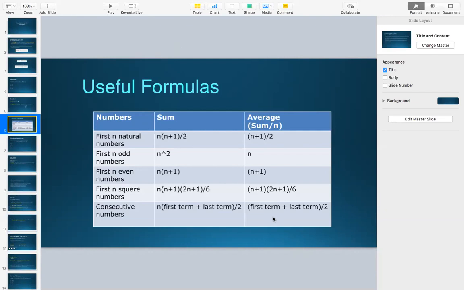So if you are supposed to find the average of some set of consecutive numbers, you can simply go for this formula, which says the average will be equal to first term plus last term whole divided by 2. You just need to remember this. That's all.